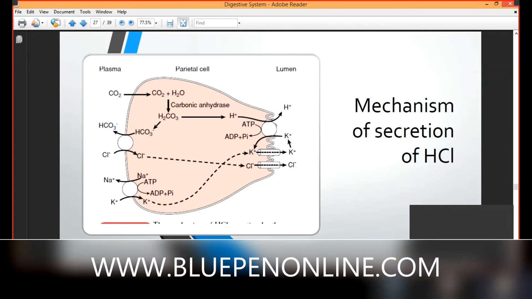Then the Cl minus ion enters into the cell in exchange for this HCO3 minus. So HCO3 minus goes out and Cl minus enters, by exchange diffusion. Then this Cl minus ion enters into the cell and then to the canaliculi.